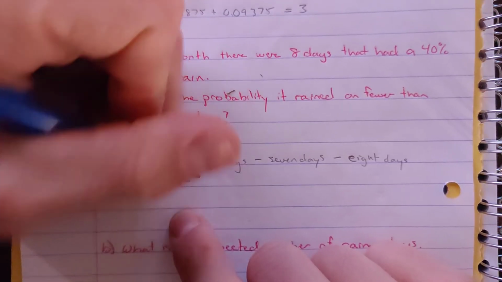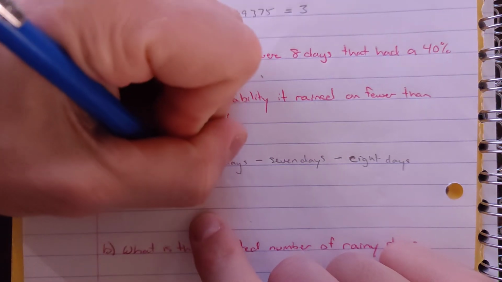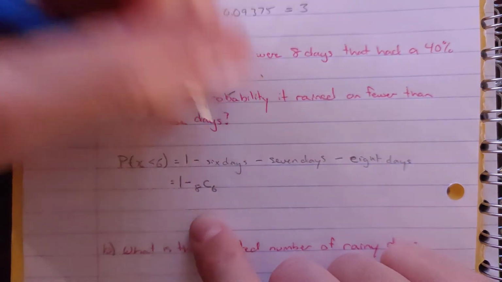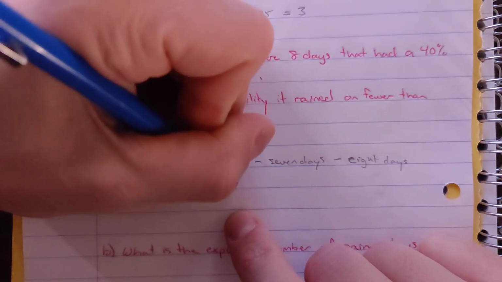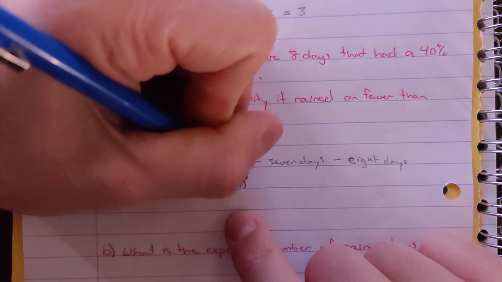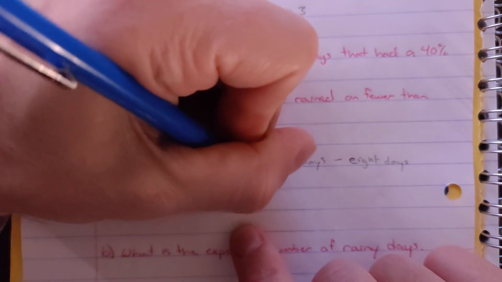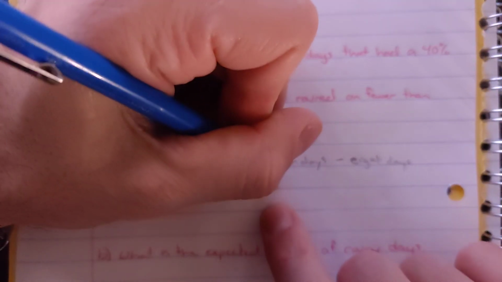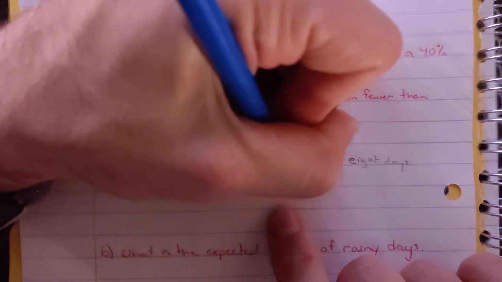So 1 minus the chance that it rained 6 of the 8 days is 8 choose 6. Pick those 6 days. The probability that it rained is 0.4, to the power of 6, times 0.6, the chance that it didn't rain, to the power of 2. Those 2 days that it didn't rain.